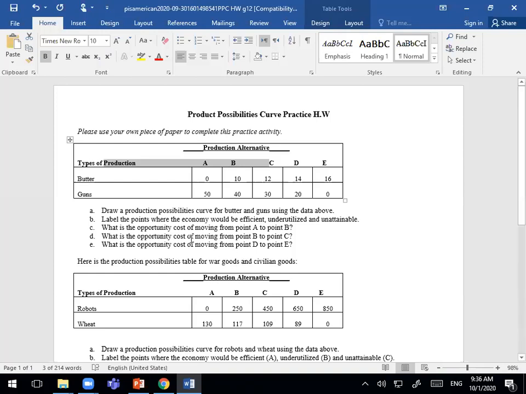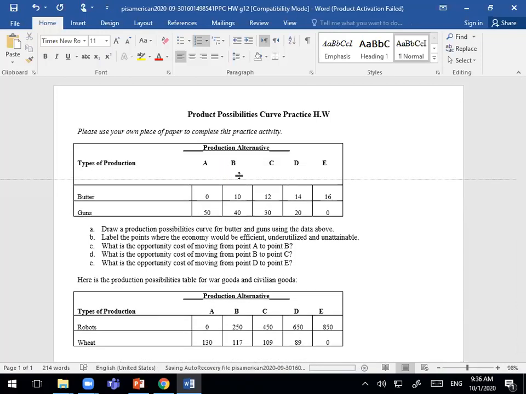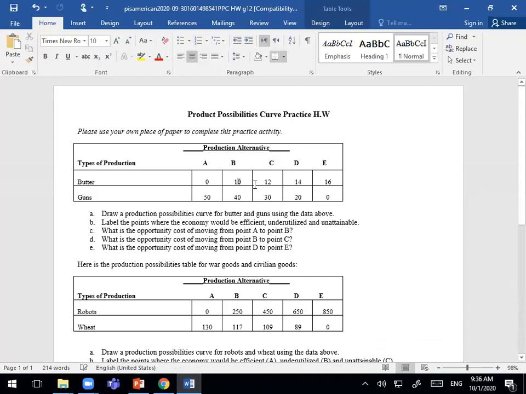Now they're asking you to calculate the opportunity cost for moving from B to C. From B to C, you're in this zone, and you're again increasing the production of butter, but again you're giving up guns, so it would be what? Giving up 10 guns, another 10 units of guns. Good job.